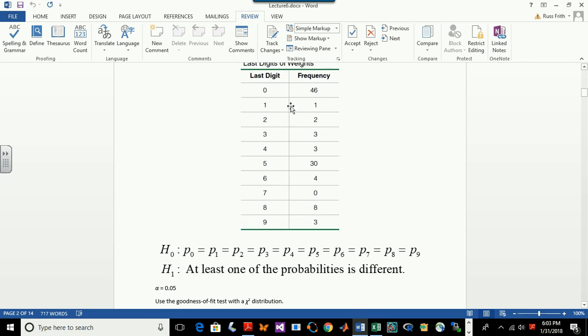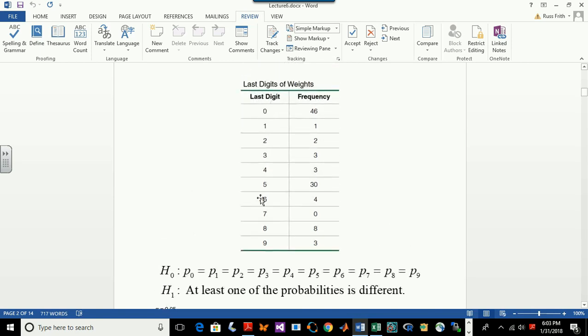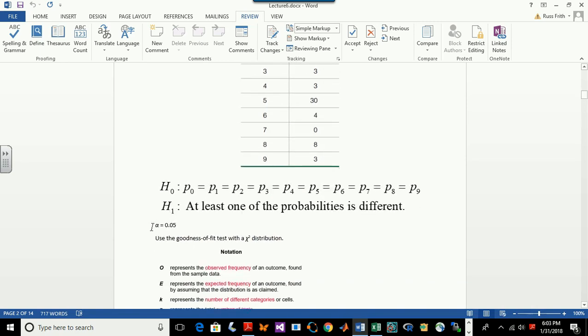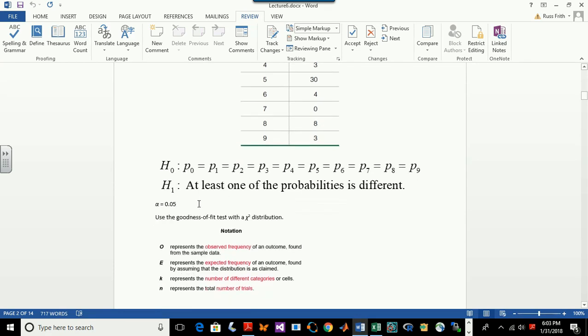You can tell that 2 of them are different. But ideally, if this were an even distribution, then each of the last digits would account for 10% in frequency. So we want to test this claim at alpha equals 0.05, or 95% confidence level, and we want to use a goodness of fit test with a chi-square distribution.